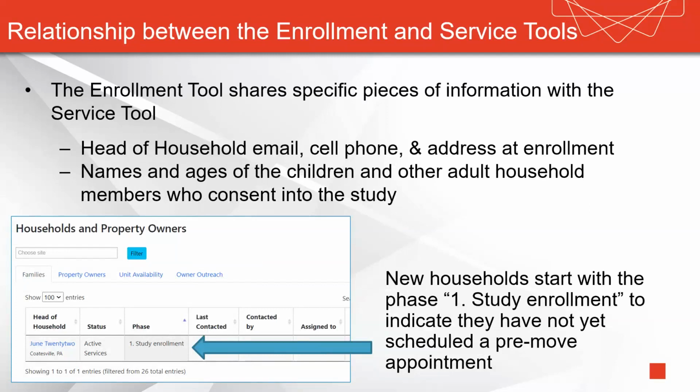New households start with phase number 1, study enrollment, when they are assigned to the CMRS group from the enrollment tool. This phase 1 indicates that they have not had a pre-move appointment scheduled yet. And we'll show that once that pre-move appointment is scheduled, they'll move phases automatically to phase 2.